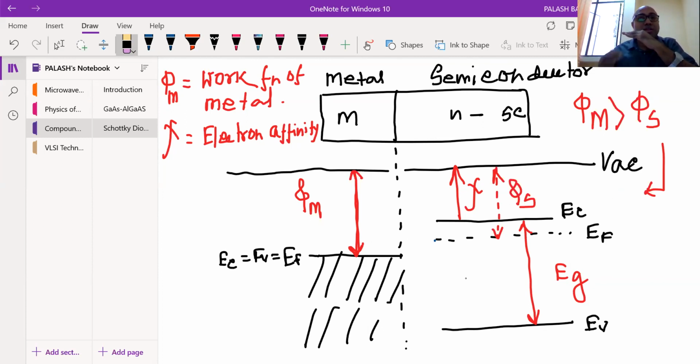So this EF is a higher energy state, and it will try to fill up the energy states of the metal. Since this EF is at a higher energy than the EF of the metal, electrons will jump from here to here.